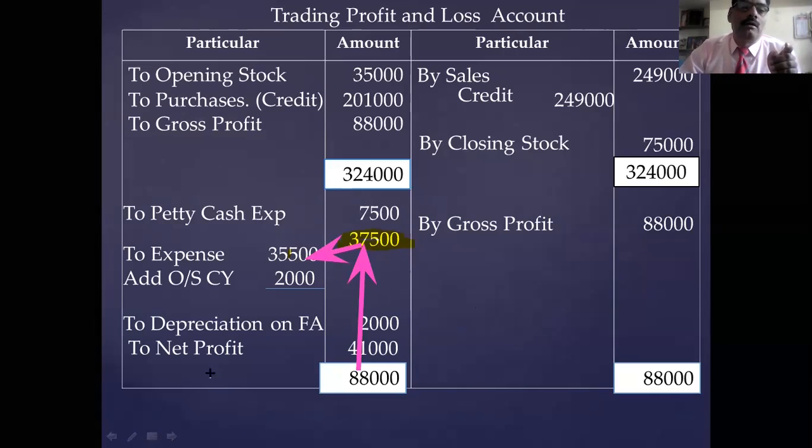Now you go to cash flow. This is to be entered in the bank account.